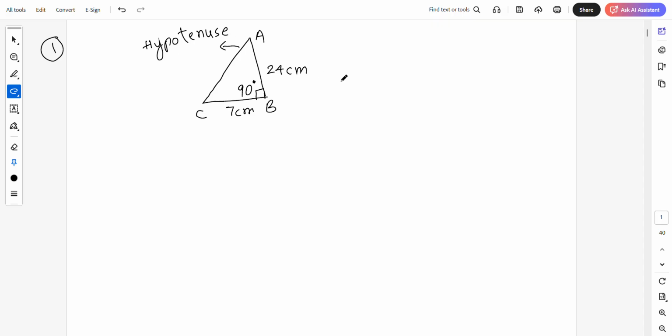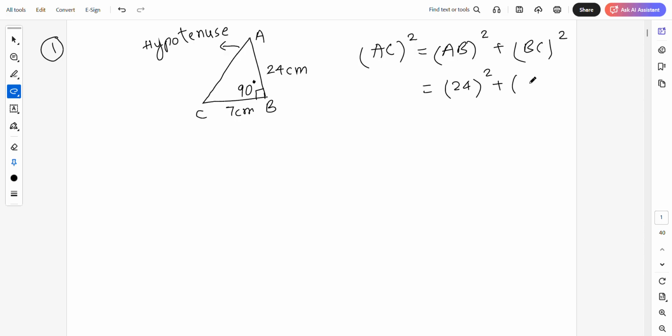We are supposed to calculate the square on the hypotenuse is equal to sum of the squares on the other two sides. I can write AC square is equal to AB square plus BC square. AB is 24, the whole square, plus BC is 7, the whole square. 24 the whole square is 576 plus 49.